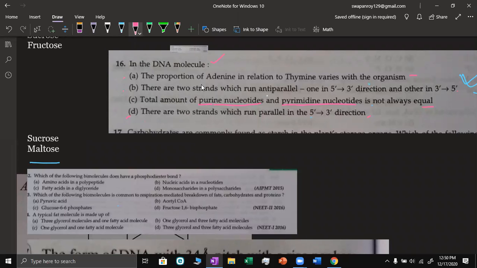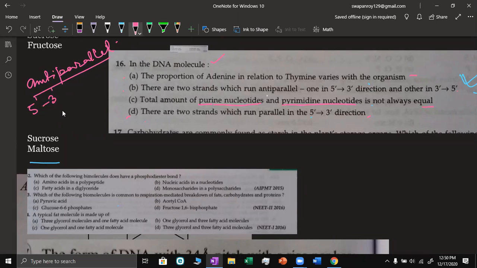Yes, B. Yes, there are two strands. DNA molecules, we know, are anti-parallel. They are anti-parallel and DNA has one end 5 prime and one end 3 prime.